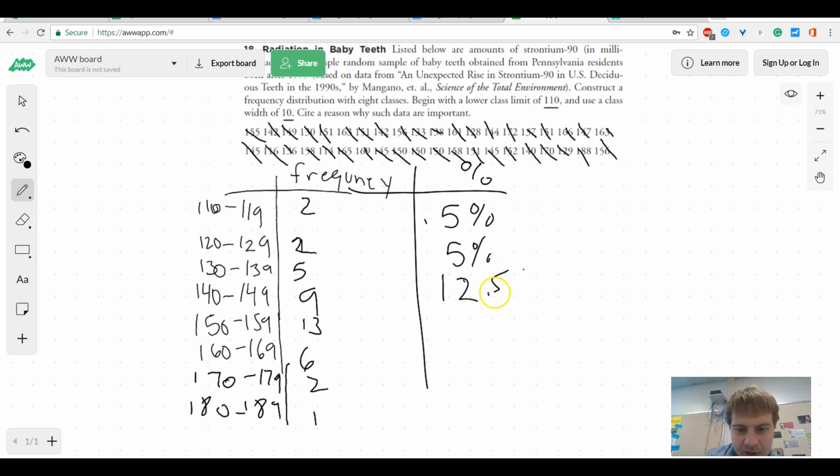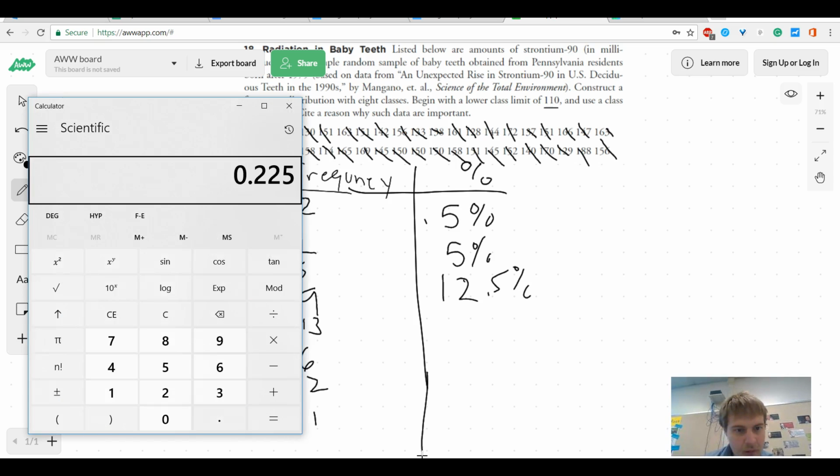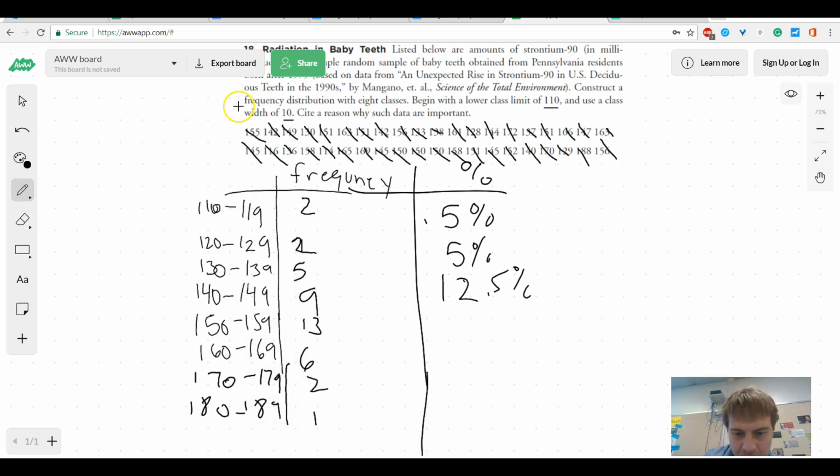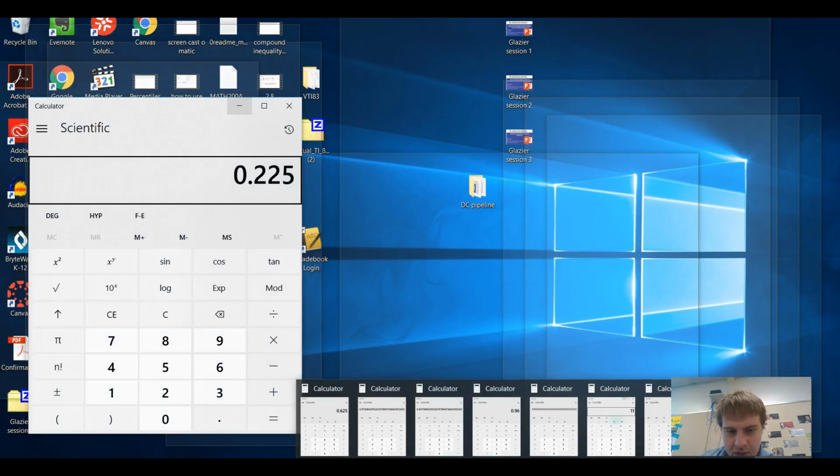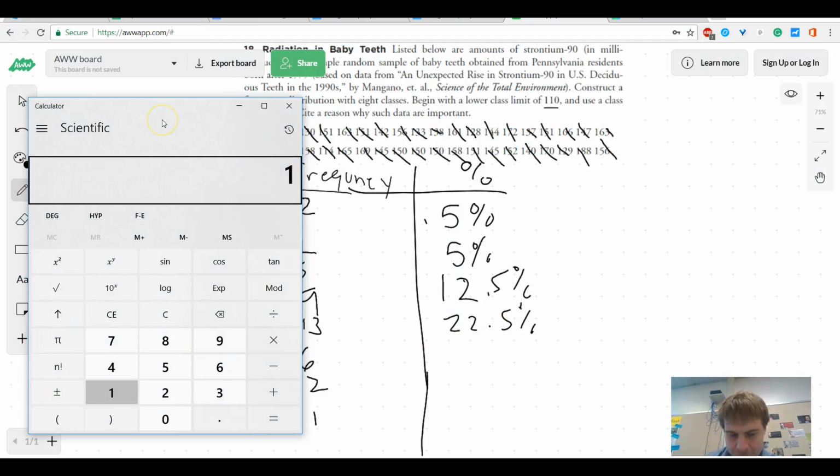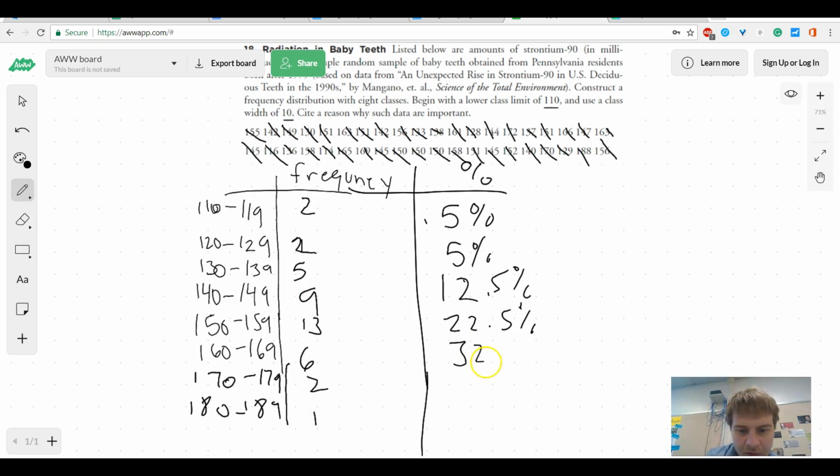But we'll put this in as the decimal. 9 divided by 40 is 22.5%. 13 divided by 40 is 32.5%. And you can see this isn't hard.